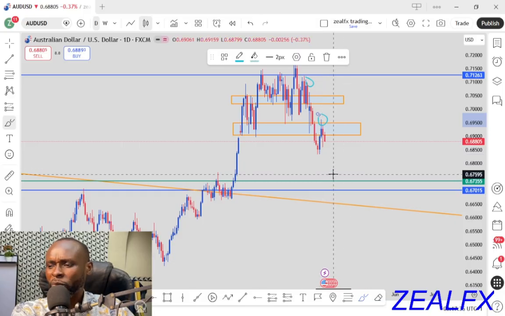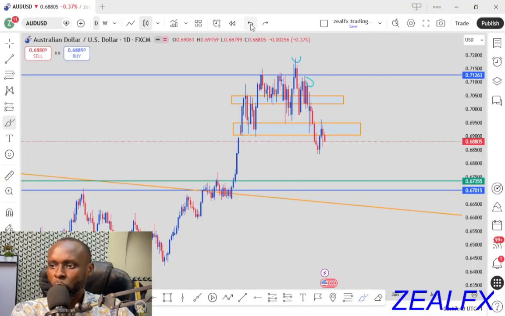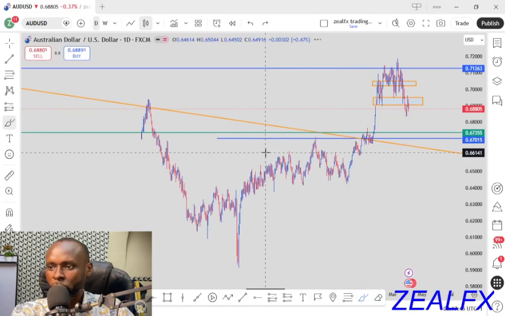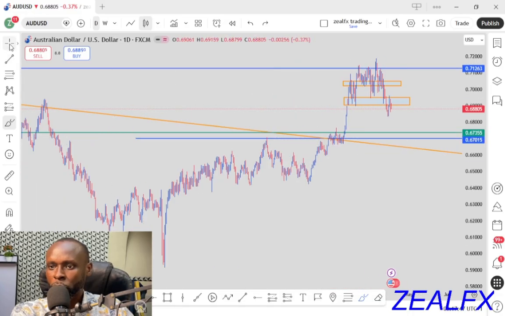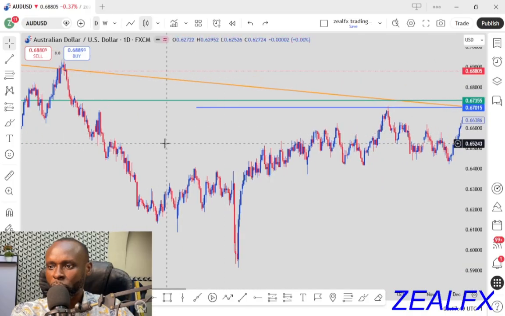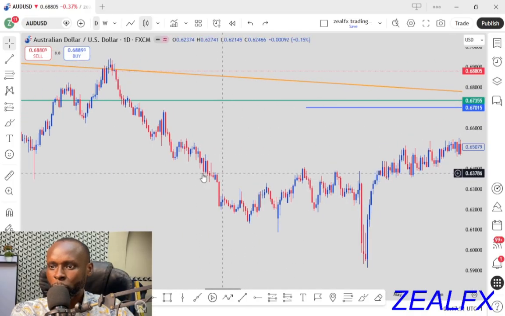But currently we also have the Australia USD close on a support level. As long as price closes on a support level, we can't take the risk of selling the Australia USD at this support level. We have a support level at this region on the Australia USD, where price currently closed.